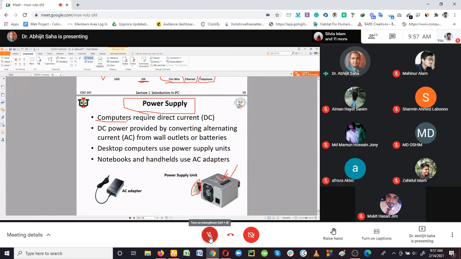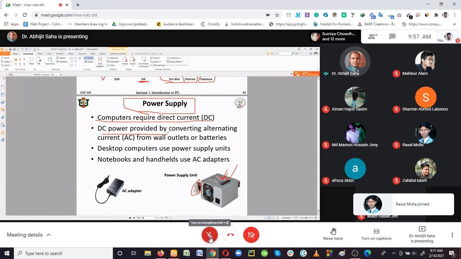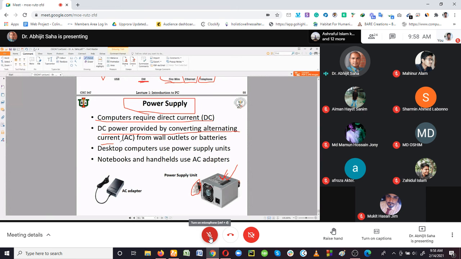So that is what it is telling us: computers require direct current, and DC power is provided by converting alternating current. DC means direct current and AC means alternating current. The DC power is provided by converting alternating current from wall outlets or batteries.